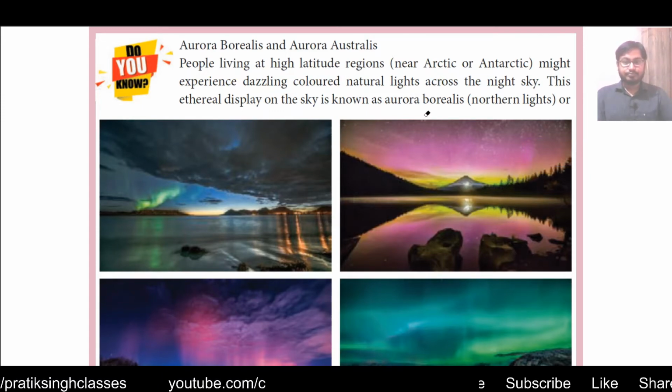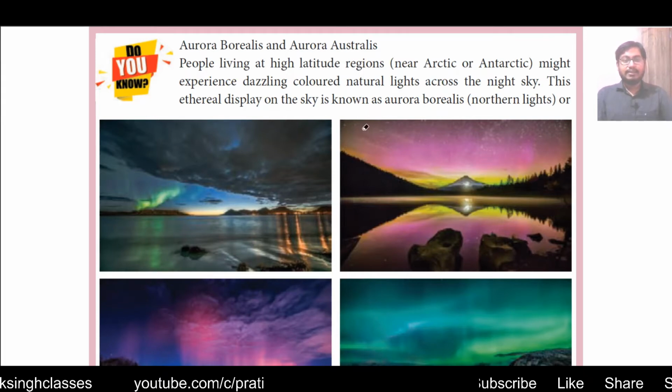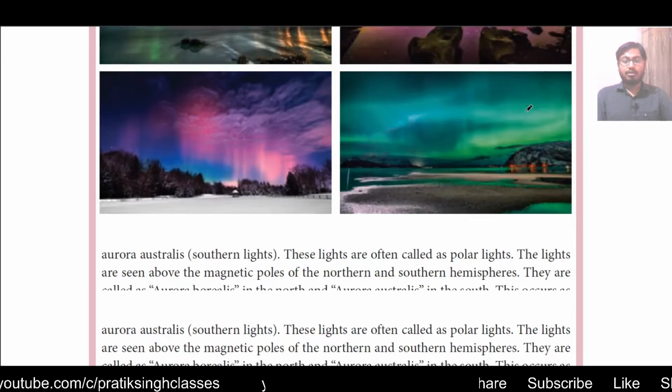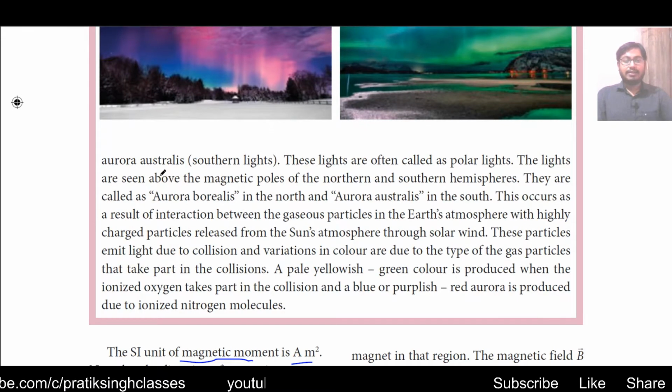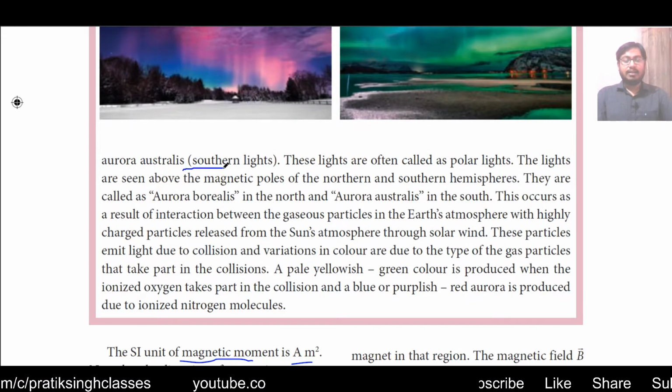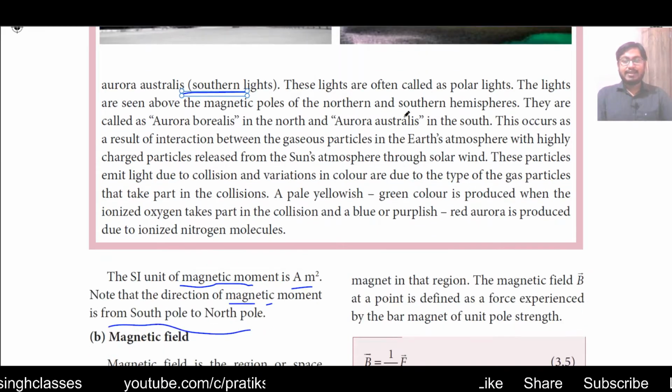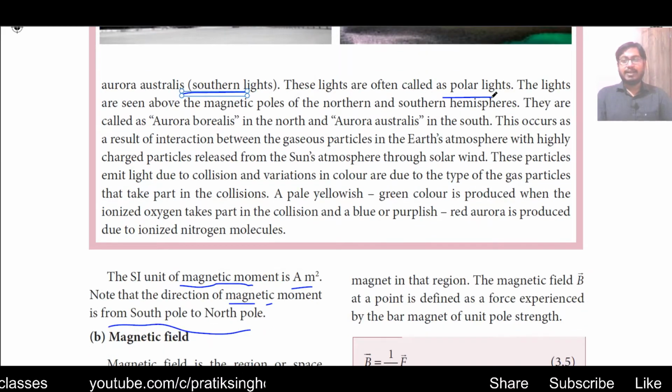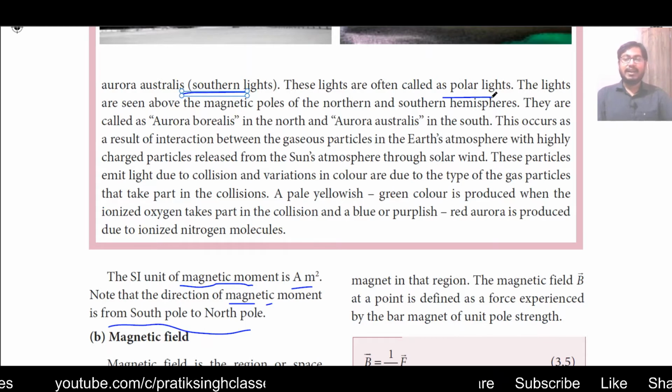This ethereal display in the sky is known as aurora borealis at the north pole, also called northern lights, or aurora australis at the south pole, also called southern lights. These lights are often called polar lights, because they happen only at the poles.